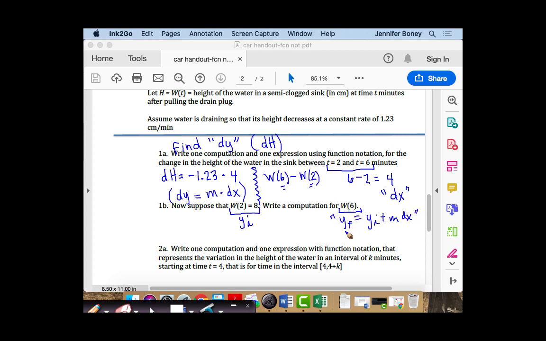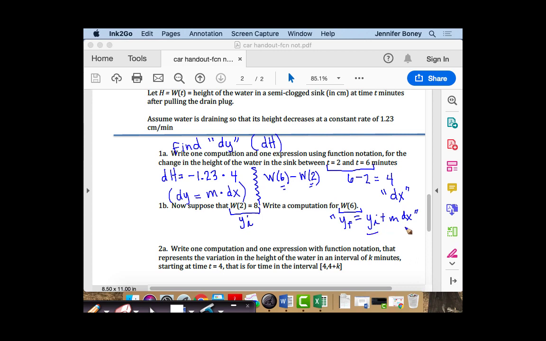These are actually h's and t's in our case. But y initial plus m dx. Oh, okay, so y initial, our height started at 8 and then decreased by this right here, 4.92. So we could multiply and subtract if we wanted to, or we could write a computation for y final.